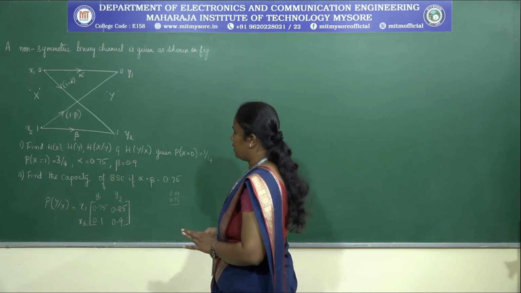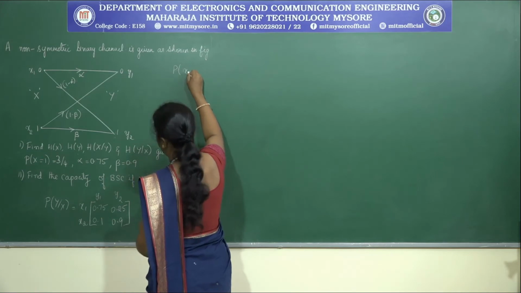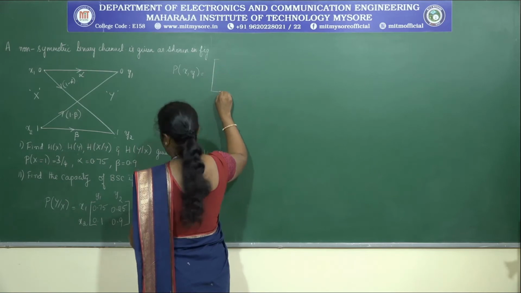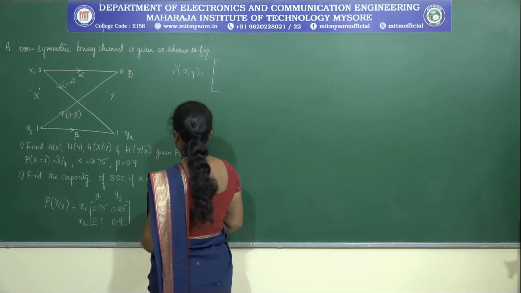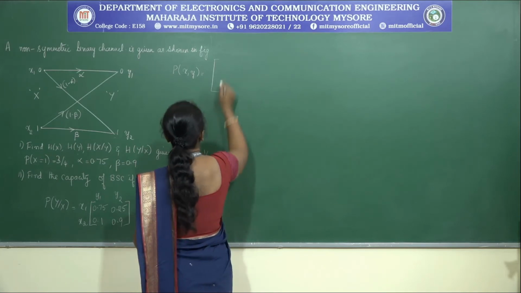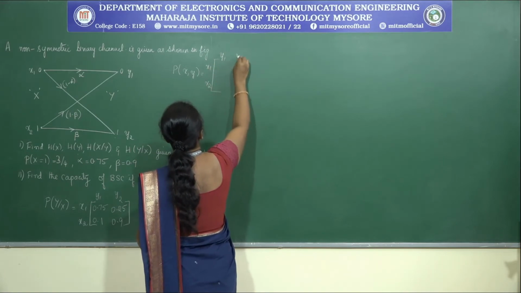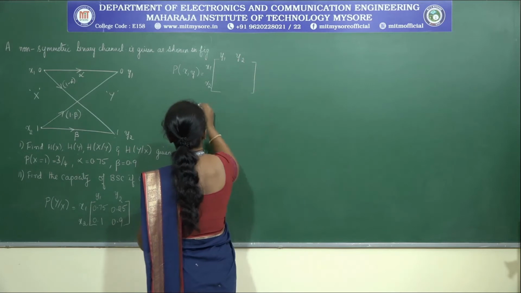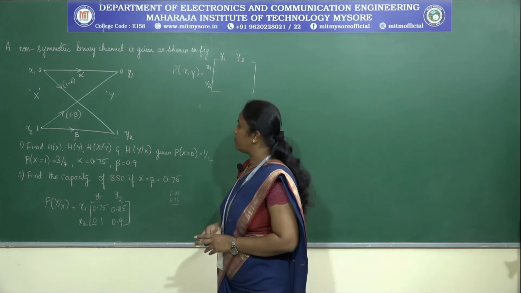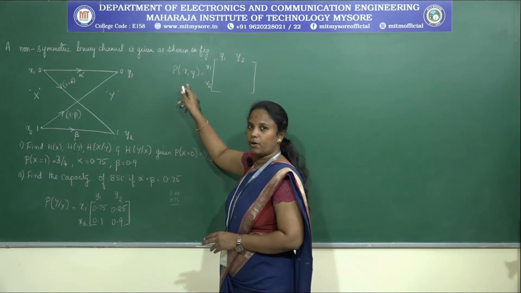Once you find your channel matrix, next we need to find P of x comma y. What are x1 and x2 which are given? x1 is 1 by 4, so this is your x1, x2, y1 and y2. If you multiply row 1 by 1 by 4 and row 2 by 3 by 4, you will get the joint probability matrix, that is P of x comma y.